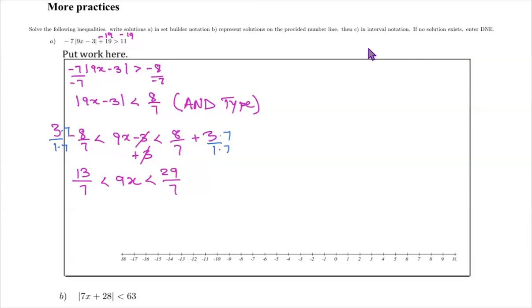Now, if we divide by 9, which is now multiplied by 1/9, we get 13/63 is less than x less than 29/63.